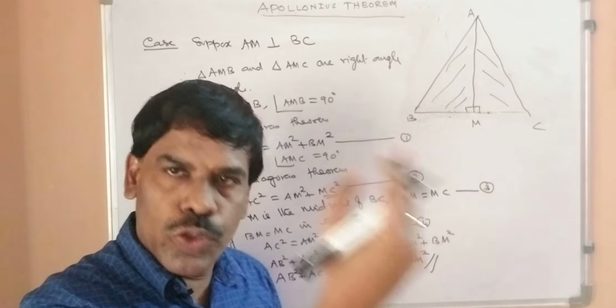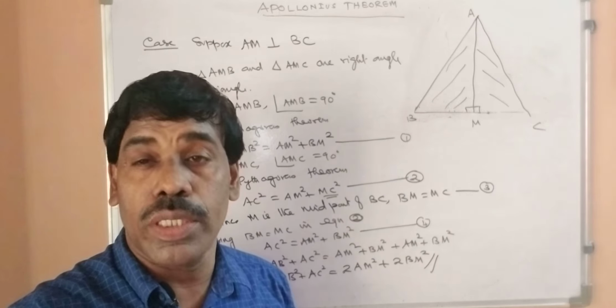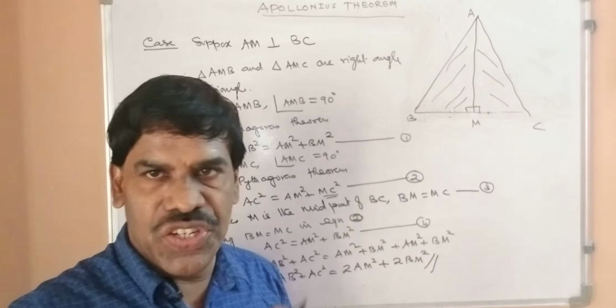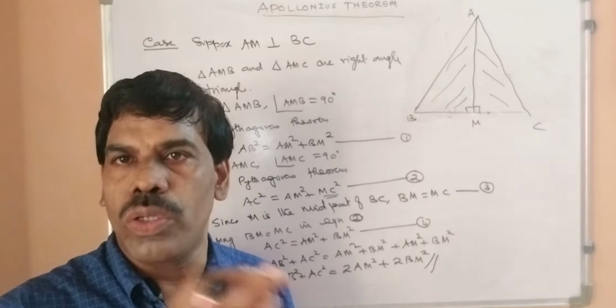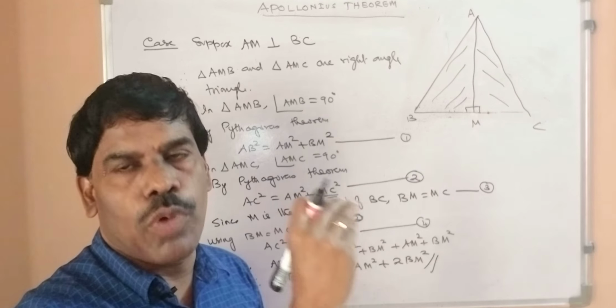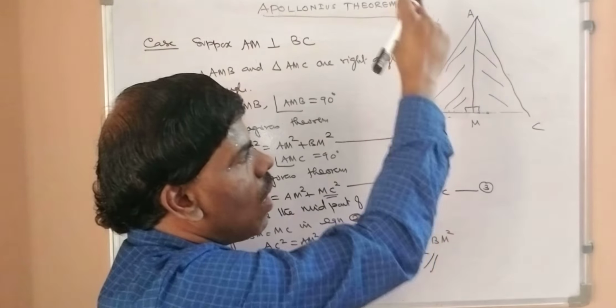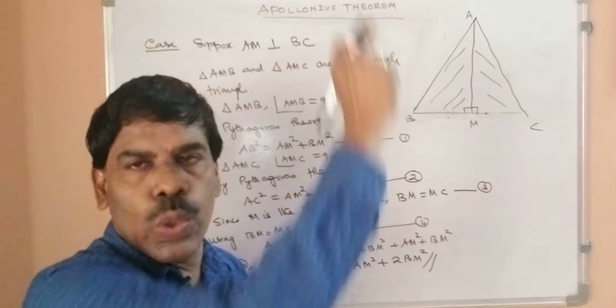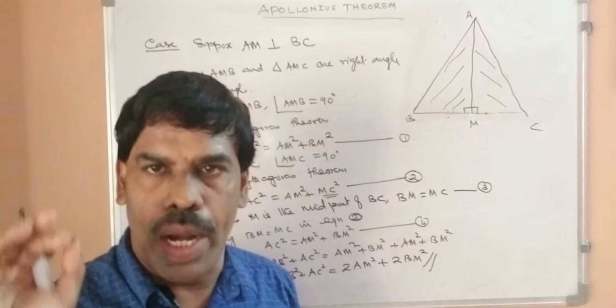Then for obtuse angle also, we have used application of Pythagoras theorem. We got another equation. And again, BM is equal to MC because M is the midpoint. So, by using those properties or the three equations, we got AB square plus AC square equal to 2AM square plus 2BM square. That was the case 1.